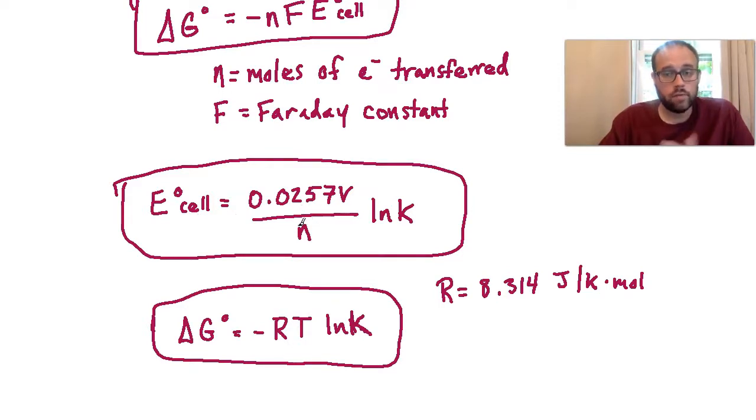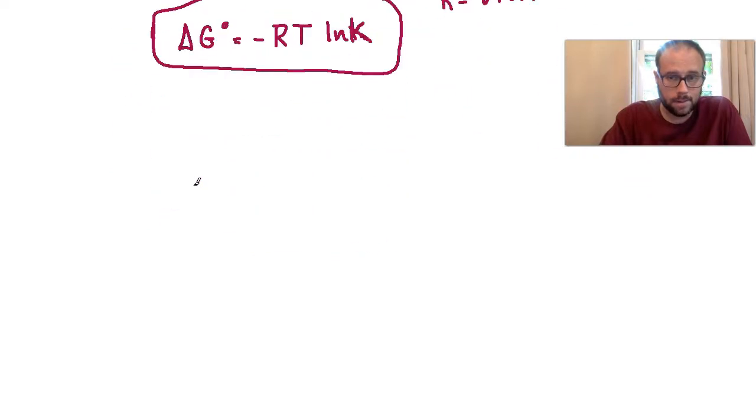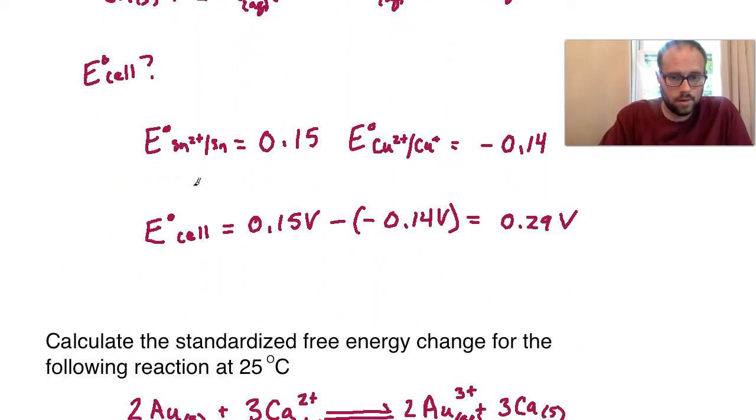So what I'm going to rearrange it to in a second is n E cell divided by 0.0257 volts, and that will set that equal to ln of K, and then we'll solve for K, because that's what the problem is asking.